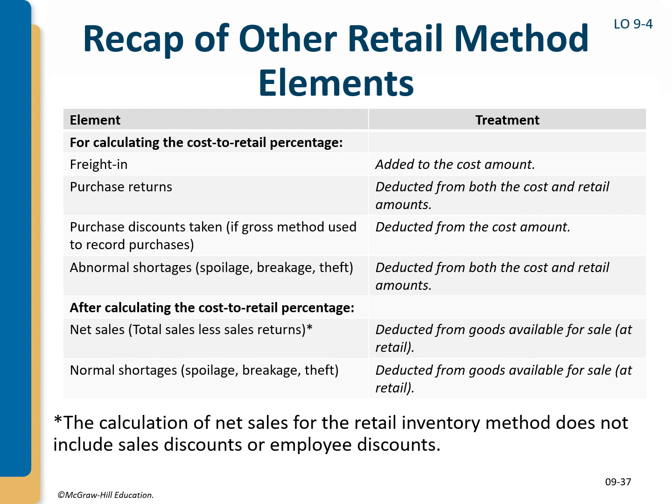Normal ones, and that would have to be defined, are deducted after calculating that cost to retail percentage. If the company has sales discounts or employee discounts, they are not already subtracted out of net sales.